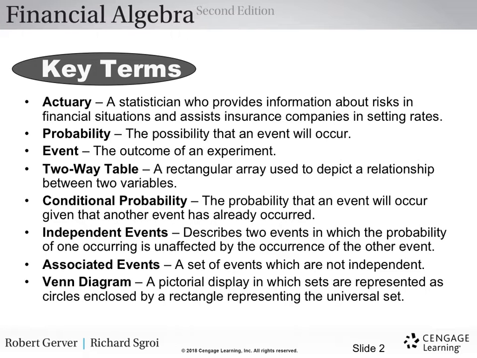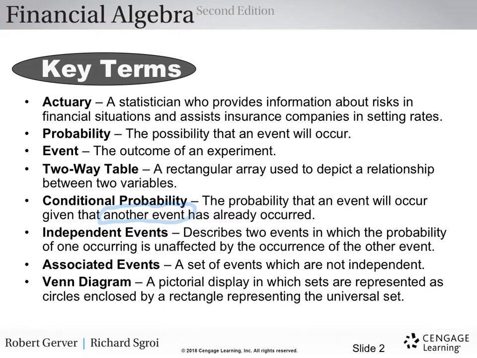Then we have conditional probability. This is the probability that an event will occur given that another event has already occurred. So if another event has already occurred, what's the probability that this event will occur? Conditional probability. It's conditional upon the other event.